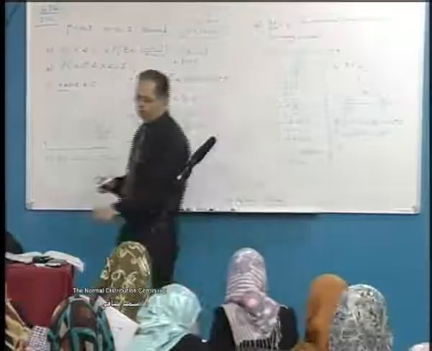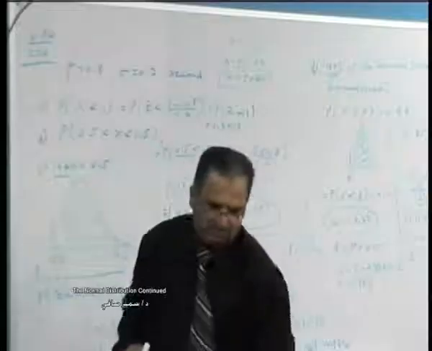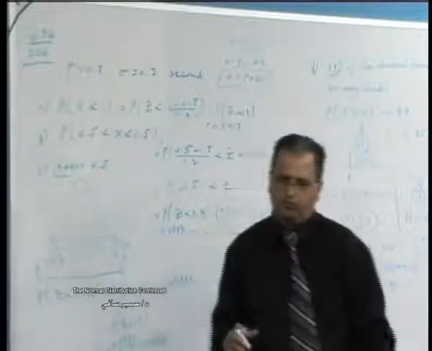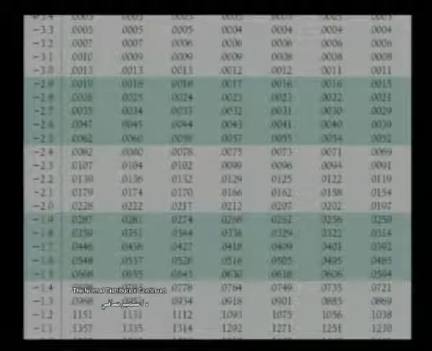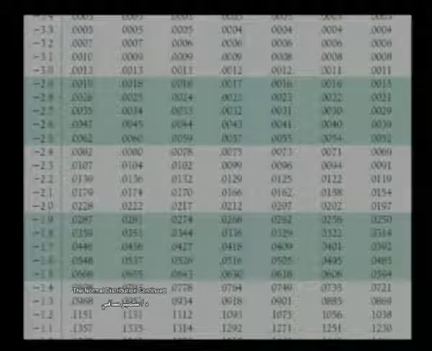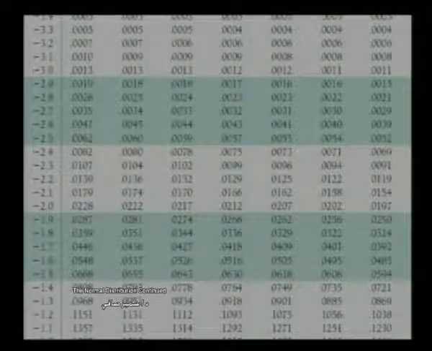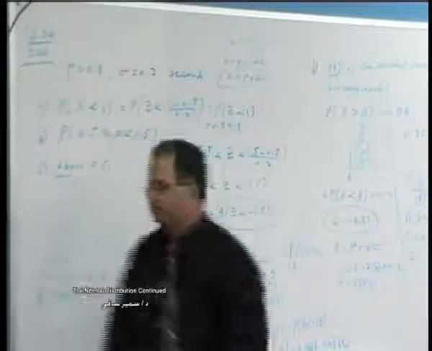If we go back to the normal table, now we are looking for 0.025. So minus 1.96.